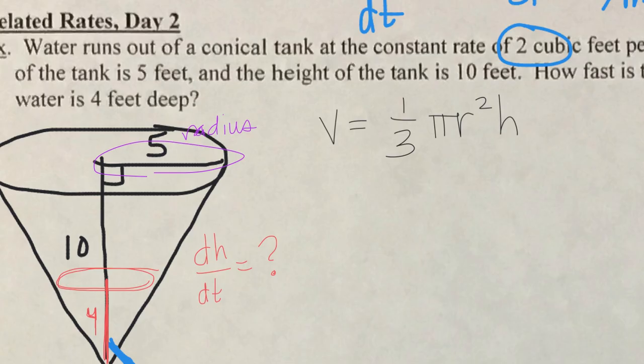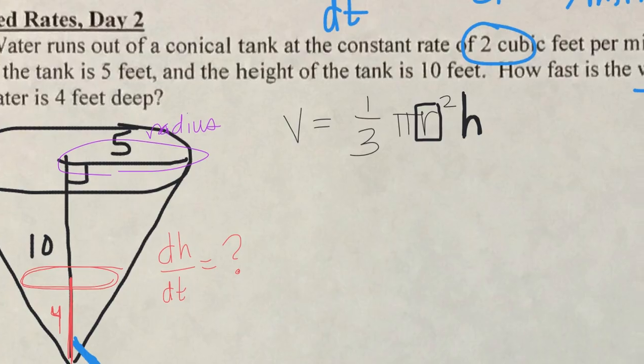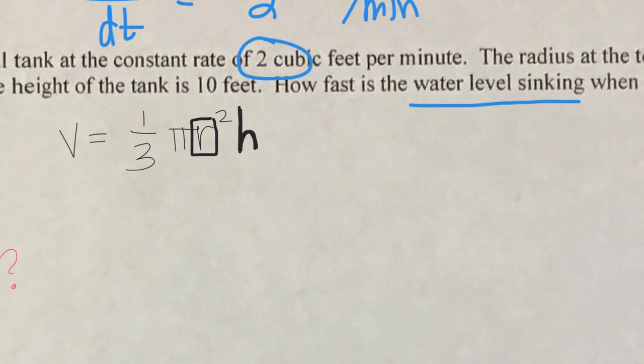We're only asked about one variable, the height. So can we express this formula in terms of its height? Right? That's our first job, is to write our formula without an r in our equation. We want to somehow replace our r. So here's what your brain needs to think. Is there a relationship between r and h?